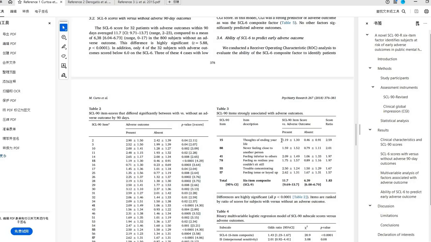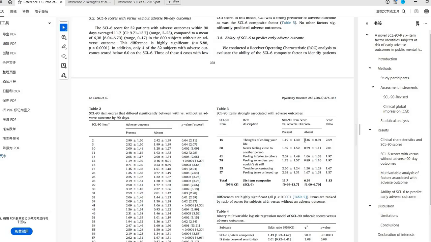People with adverse outcome had higher scores than those who don't have adverse outcomes. This number, the mean 1.19, and this number 1.30, that's a standard deviation. We don't need to worry about the standard deviation. We just need to look at the means.